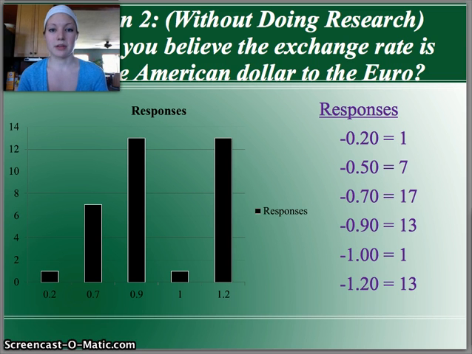But there was also a lot of responses for 0.9, which would make sense if people haven't looked it up within the past 2 years. That is, I believe, what it was 2 years ago. And then the 1.20 response, I didn't find that surprising either, because that's actually what the euro to the American dollar is.